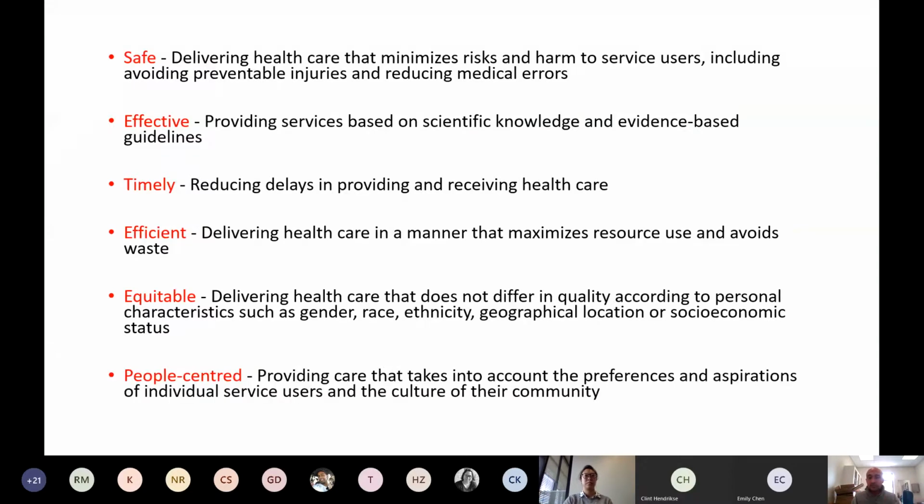And what is very important with equitable is that we have to ensure access to everyone, not only those that can get to the hospital. So it opens up another box as well. And then it has to be people-centered. These are the dimensions of quality, and this will definitely be in one of the groups a little bit later on.